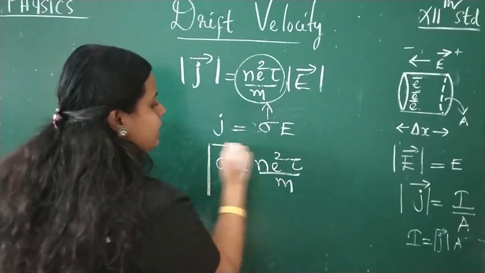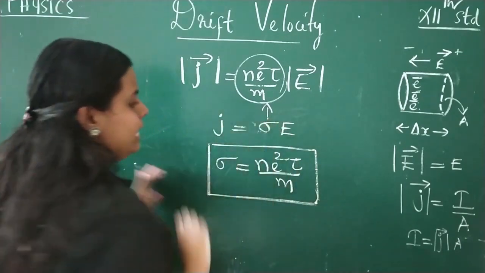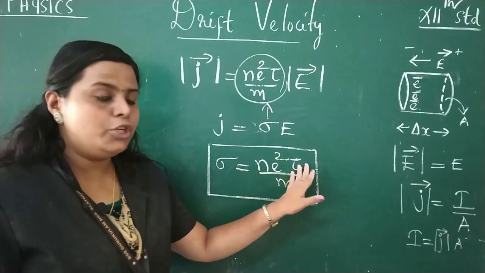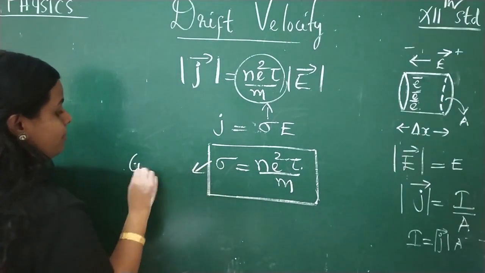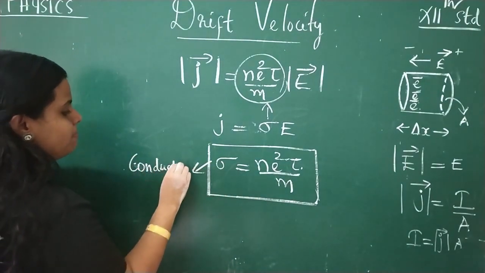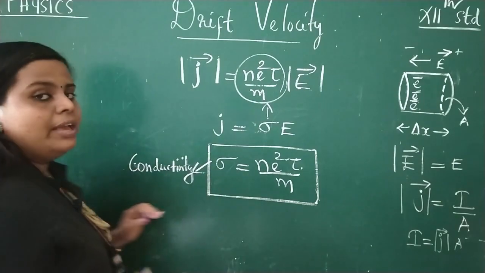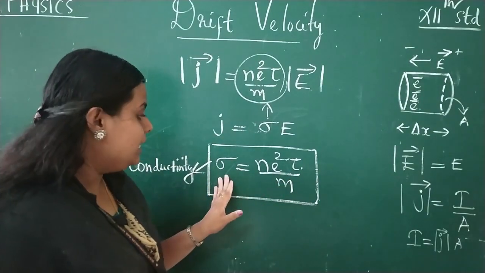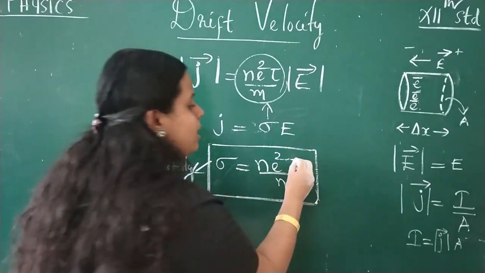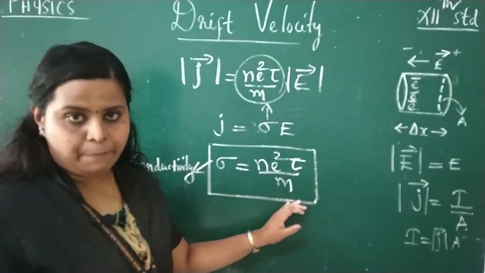So this is another expression for sigma in terms of n, e, tau and m. And what is sigma? Sigma is the conductivity of the material of the conductor, and this is another expression for the conductivity, that is n e square tau divided by m.